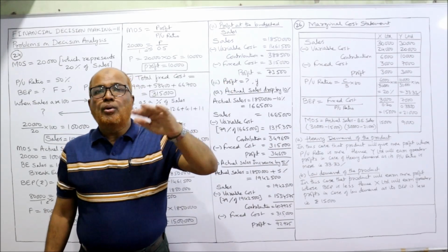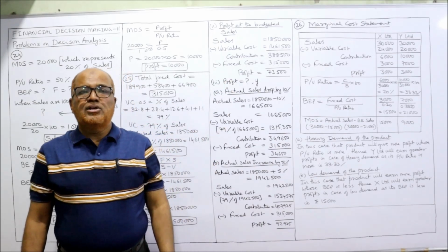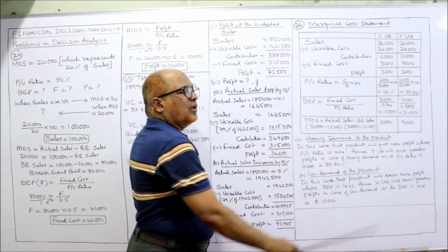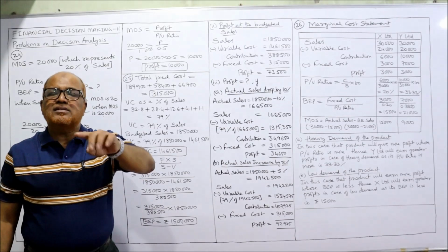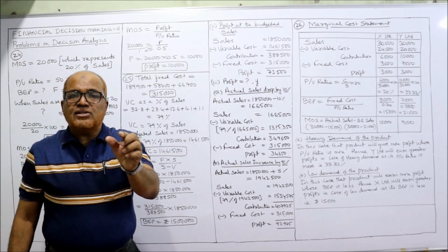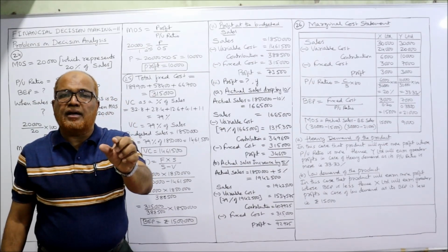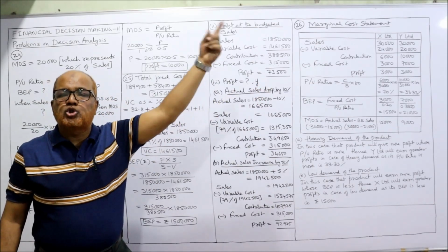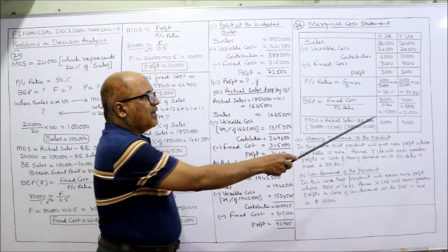Higher the PV ratio, more is the profit. So in our problem, the PV ratio is 20% and 33.33%. So which company is having more PV ratio? Y Limited. So in case of heavy demand in the market, Y Limited is going to earn huge profit because its PV ratio is more.